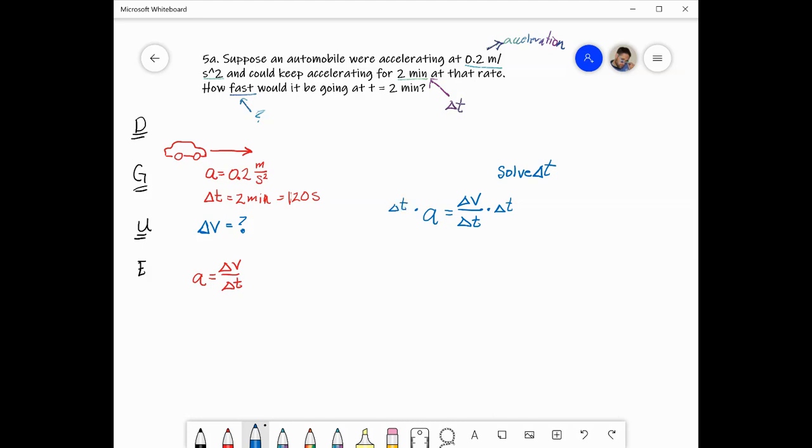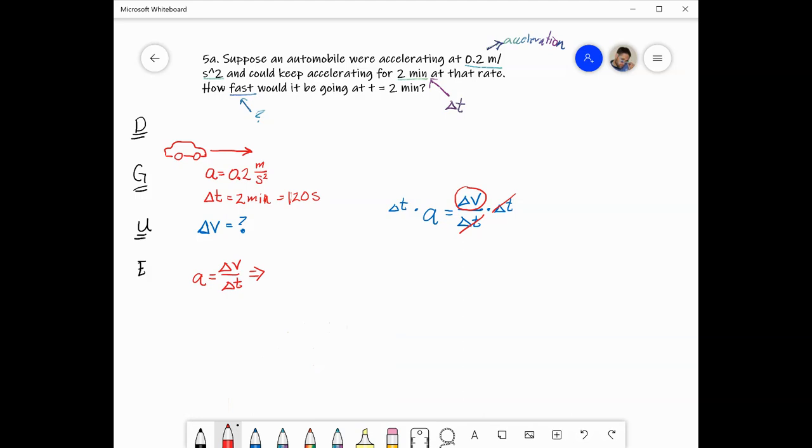And algebraically speaking, when we do this, I can now cancel my delta T on this side. That's all gone. And the only thing I have left on that side is delta V, which is what I wanted. And on the other side, I've got a multiplication of delta T and A. So I'm going to rewrite this over here.